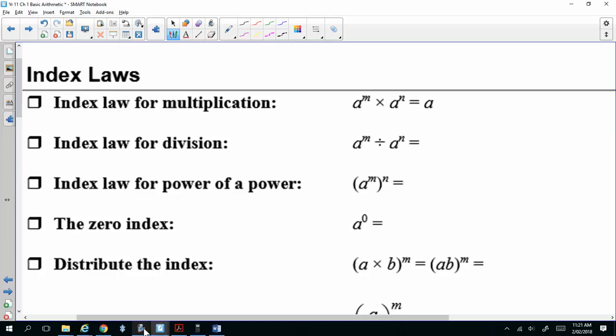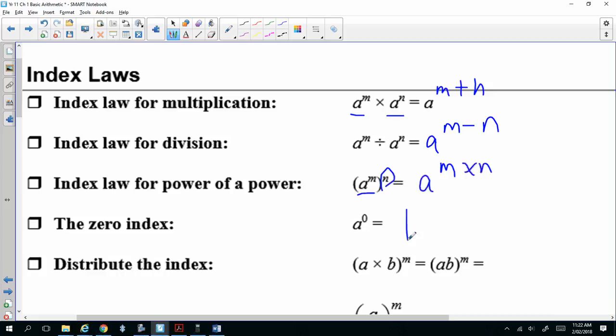These are the basic indices laws. When multiplying with the same base, you add the indices, n plus n. If you divide, you subtract the indices. If there's a power and you raise it to another power, you multiply the indices. And anything to the power of 0 is 1.